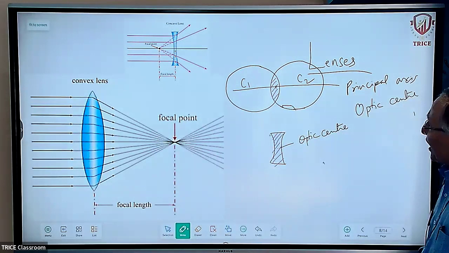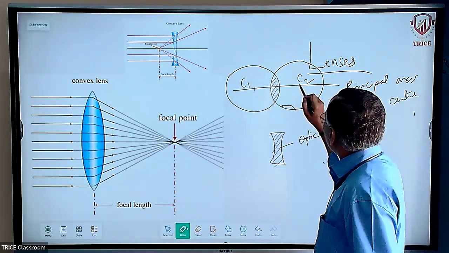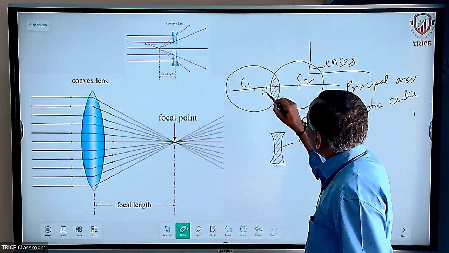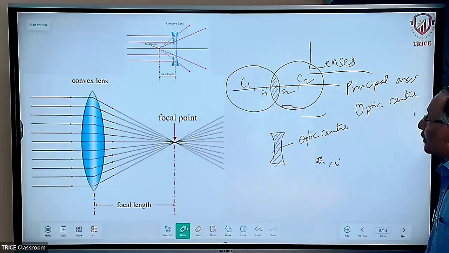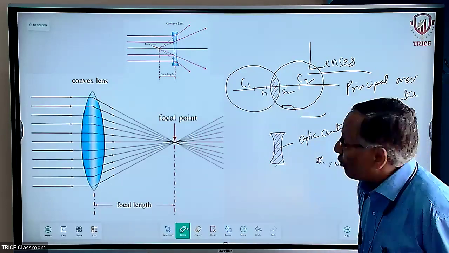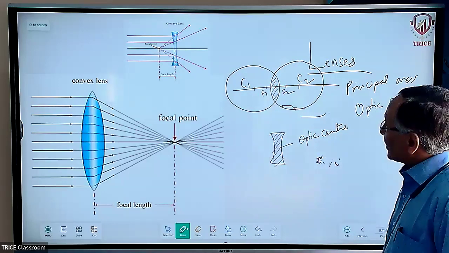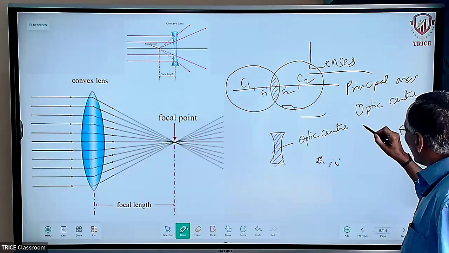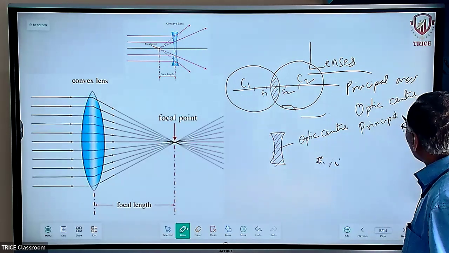And a lens has, this is your center of curvature. There are two principal focus, one on one side, one on the back side. A lens has two centers of curvature and also two principal focus or foci, as we call them.